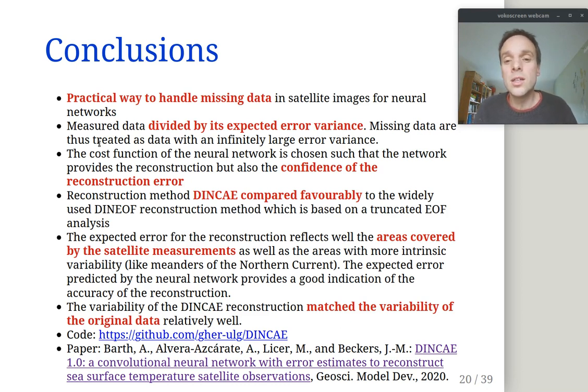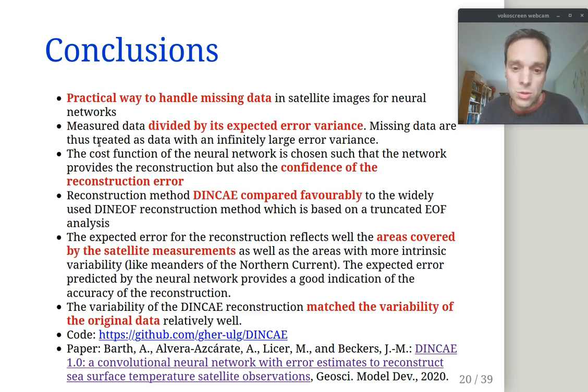And you can use a cost function that not only gives you a typical regression value, or typical estimate of the data, here temperature, but also its expected variance by maximizing the likelihood of the observed value, and therefore letting the neural network also produce an error variance as its output.